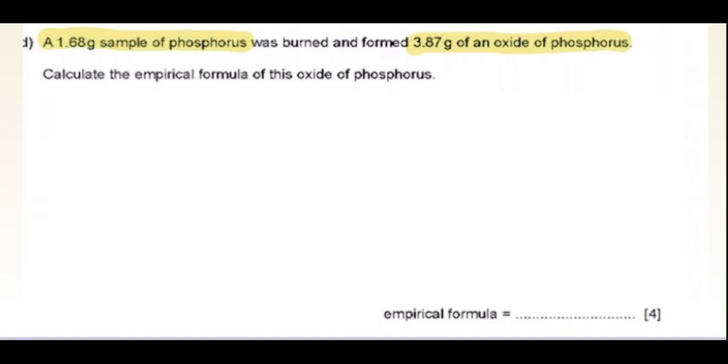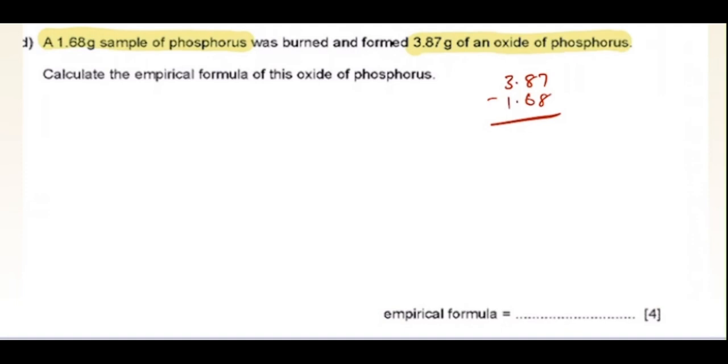Okay, so it's told us that we had 1.68 grams of phosphorus, and then we had 3.87 grams when it bonded with the oxygen. So we need to find out how much oxygen we had. So we need to do 3.87 minus 1.68.